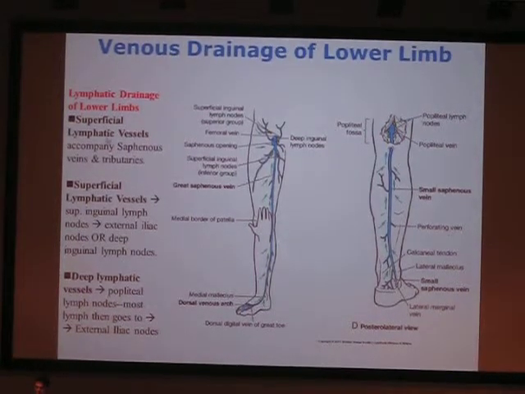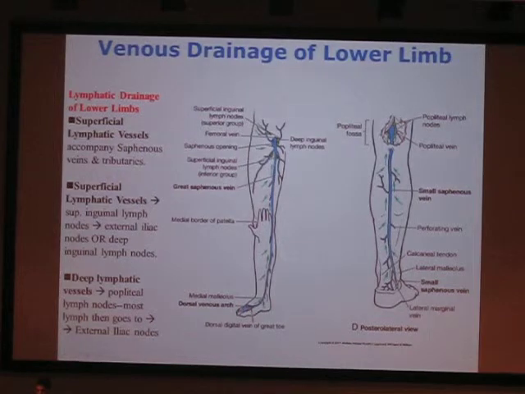And these superficial ones, which we're focusing on here, have a route, the vessels that lead to the external iliac nodes or these deep iliac nodes eventually, whether you're coming from the leg or the thigh. When you're coming from the leg, though, you stop at some nodes here in the popliteal fossa. And so these then would proceed to the external iliac nodes.